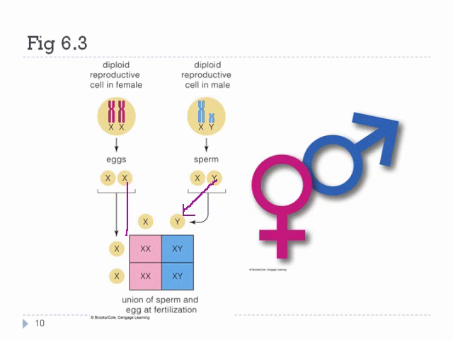If the Y from the male comes together with one of the X's, your offspring is XY, which will be a male. If the Y comes together with the other X, again, XY determines the male. So it's these gametes, or these sex cells, that determine sex of the offspring. That's his offspring, even though it went off the side.